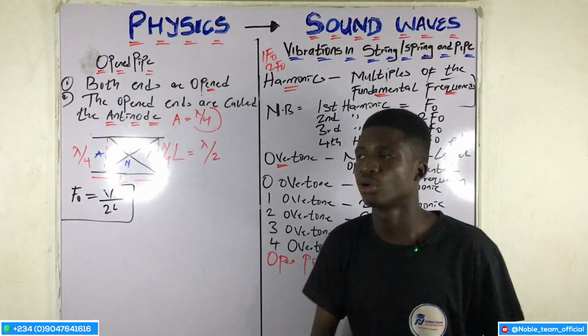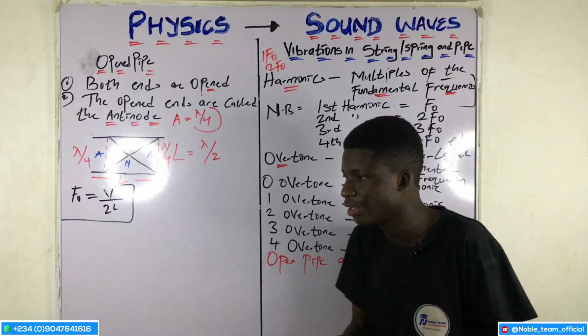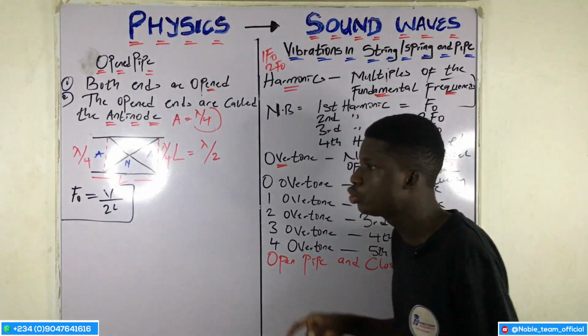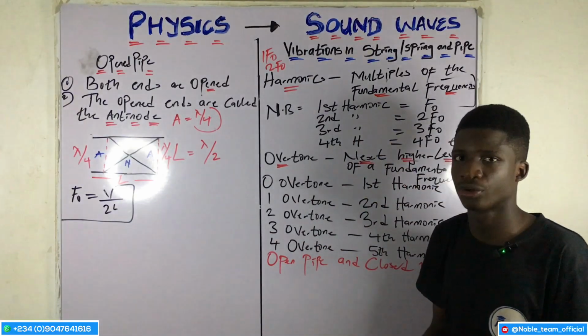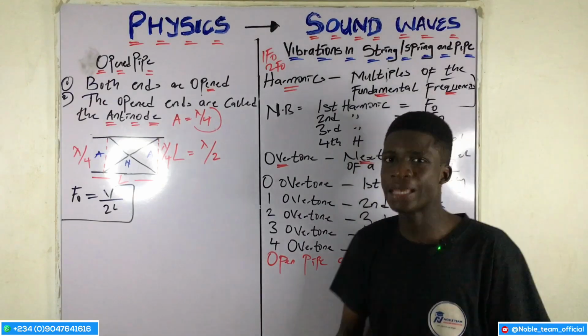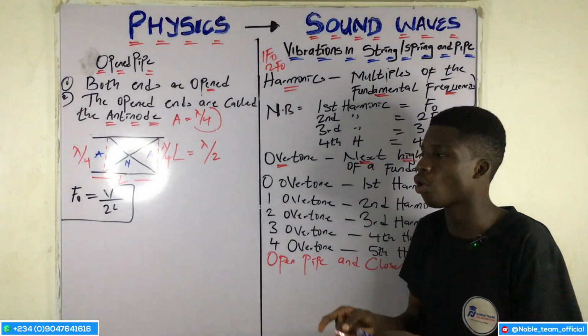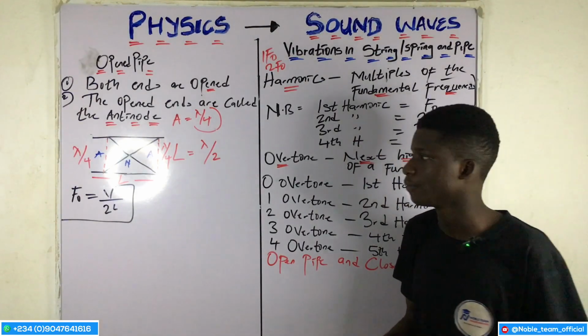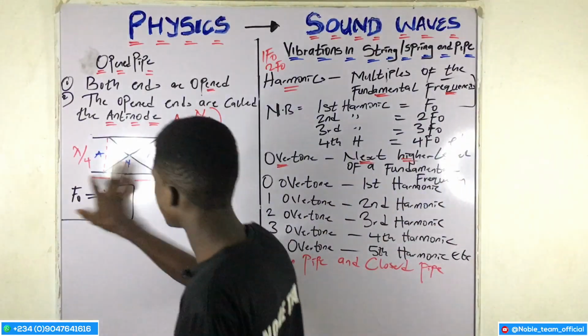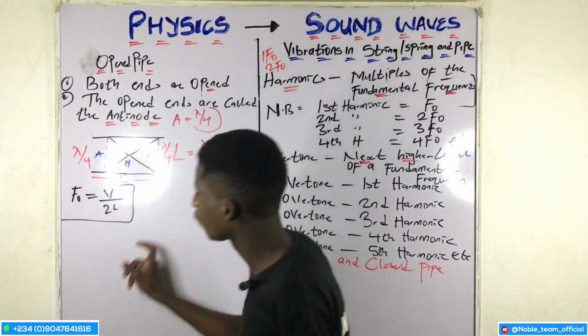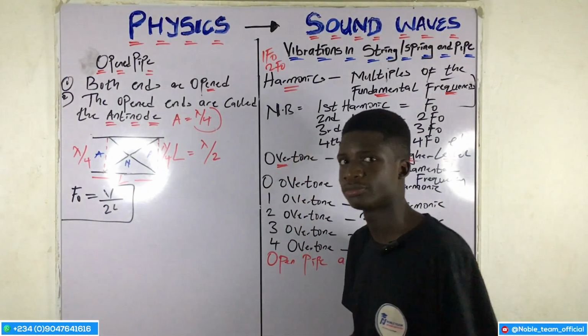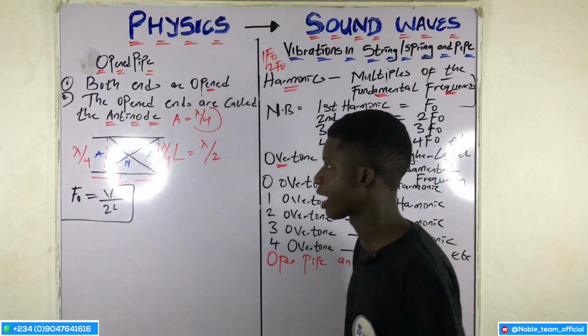Pay maximum attention. Fundamental frequency is the simplest loop or mode of vibration. Now, this is the simplest mode of vibration in an open pipe. Should I prove it? Okay, now let's move.